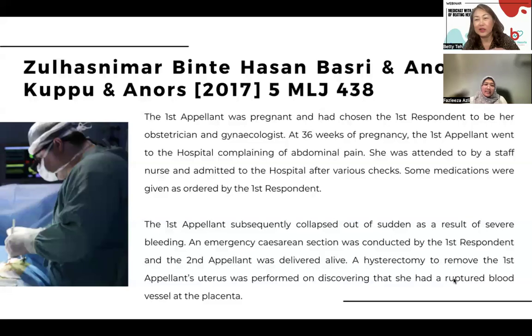This is the case where the first appellant is the mother. She was pregnant, and at 30 weeks of pregnancy she attended the hospital with abdominal pain. She was admitted, and subsequently she collapsed. After the collapse, when she gave birth, the child suffered brain damage.